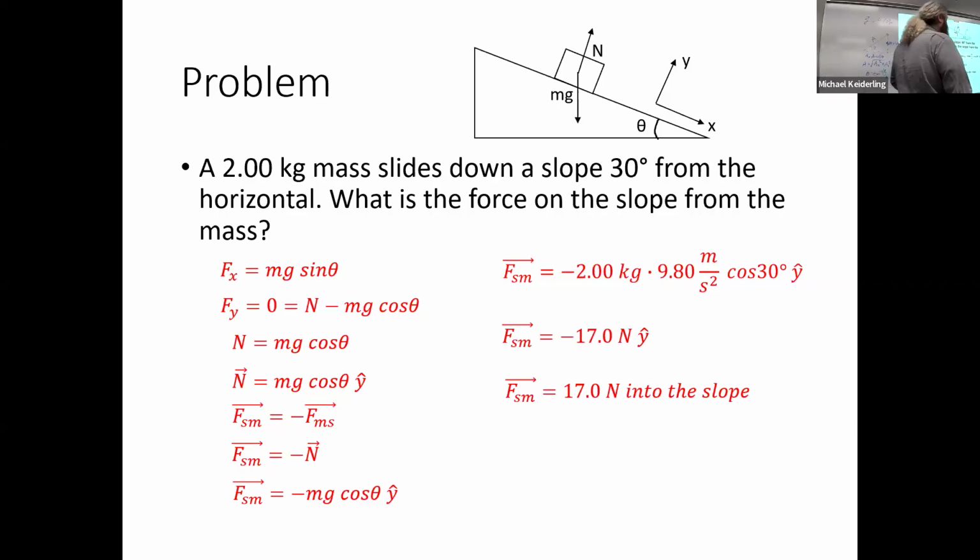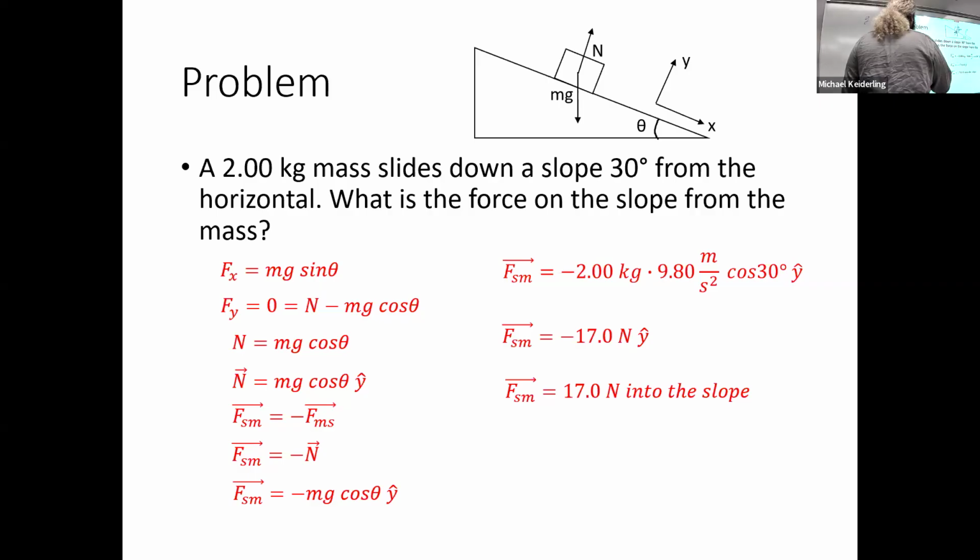So we've broken mg into mg sine theta and mg cosine theta, because this angle is theta, the same as the angle of the slope. So the normal force ends up equaling mg cosine theta.